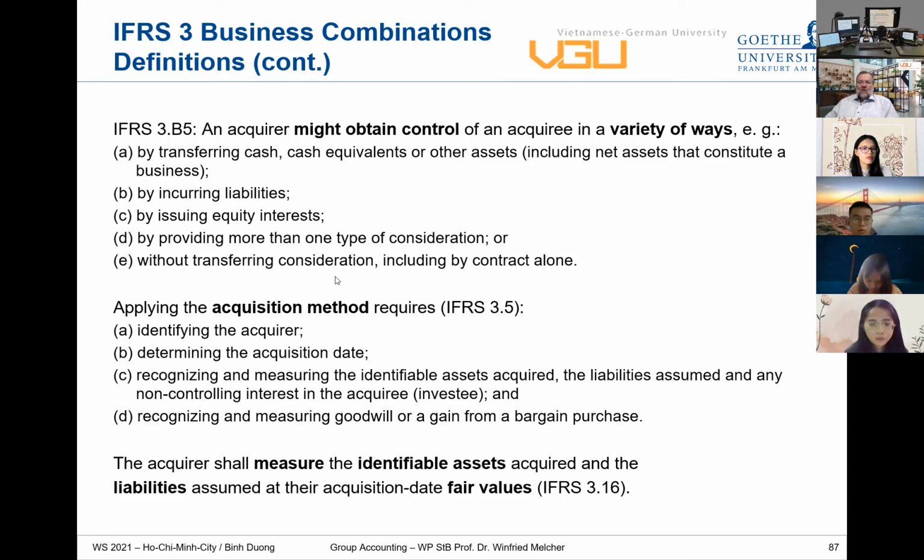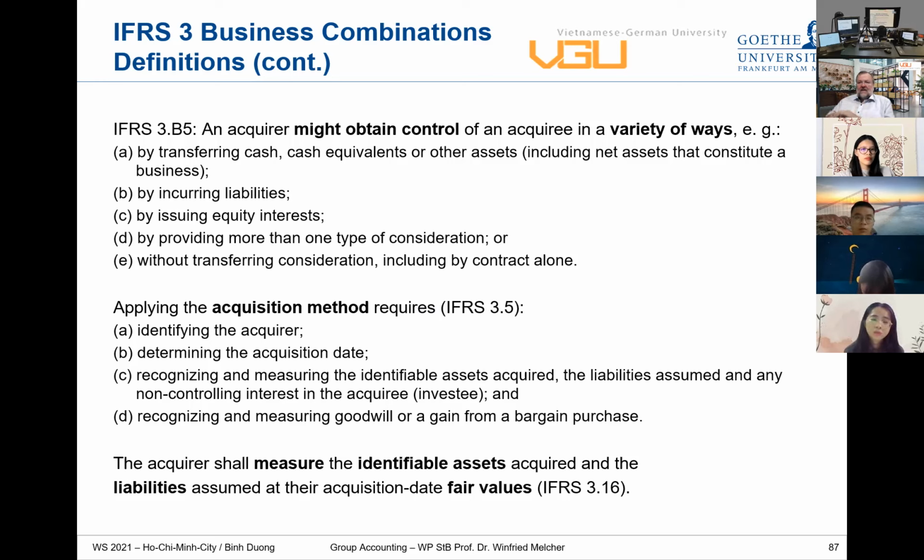And when you then, as the acquirer, have to account for that business combination, well, you have to use the so-called acquisition method. So first thing is you have to recognize the fair value for all of the things you get, because you don't pay for the book values.